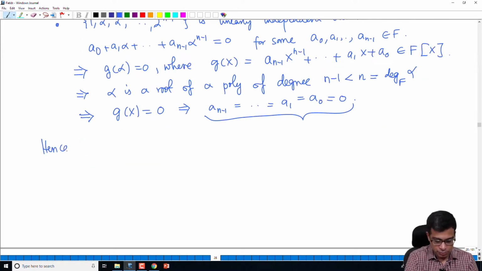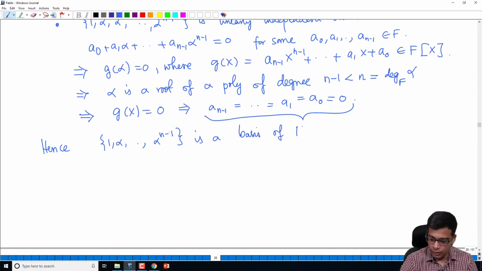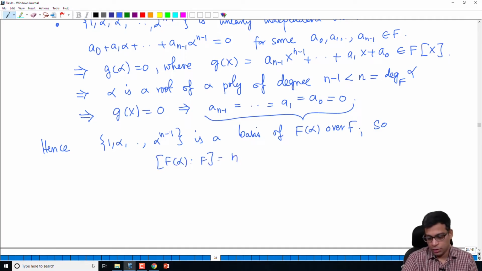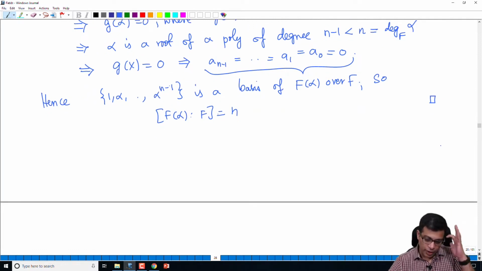Hence 1, alpha, up to alpha n minus 1 is a basis of F(alpha) over F. So the degree of F(alpha) over F is n. This proves the theorem that I wrote, and I will now do one or two examples and corollaries to illustrate why this is such a very useful statement.